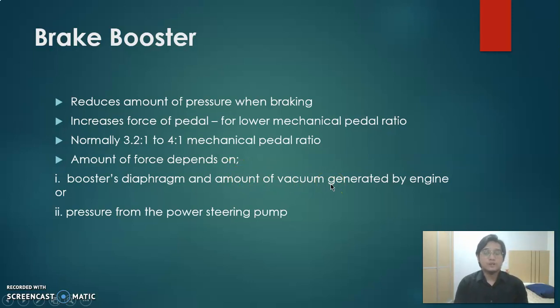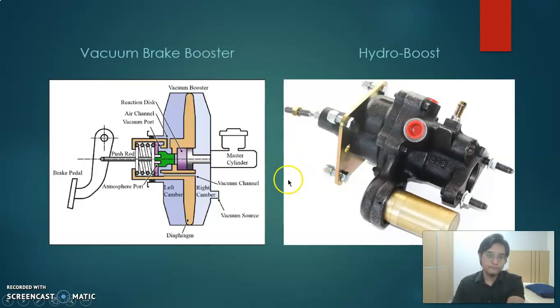As for the hydro boost, the amount of force is dependent on the pressure from the power steering pump. So this is the brake booster and hydro boost. This is an additional component in the braking system to reduce the force needed when braking.